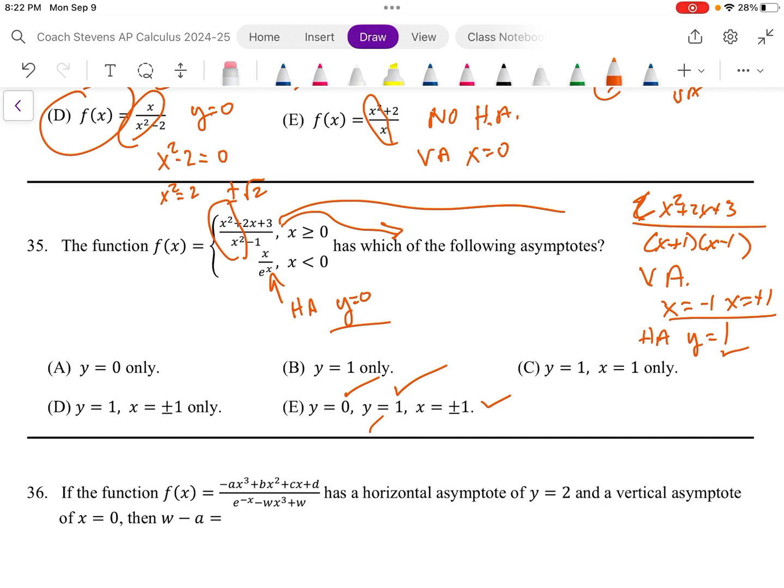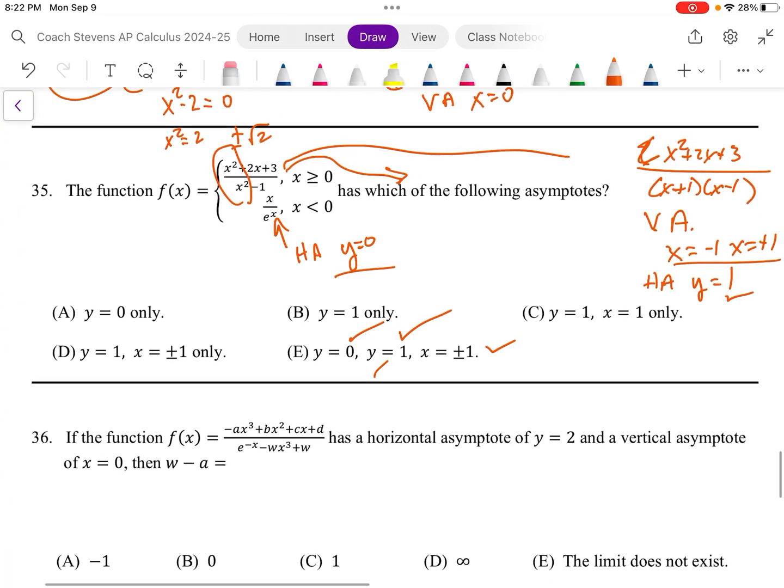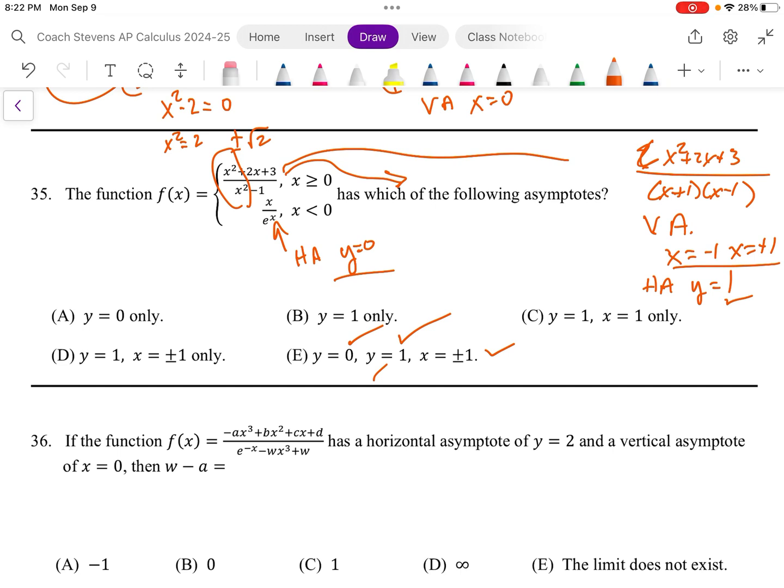That's where I'm leaning. So I like the E part.